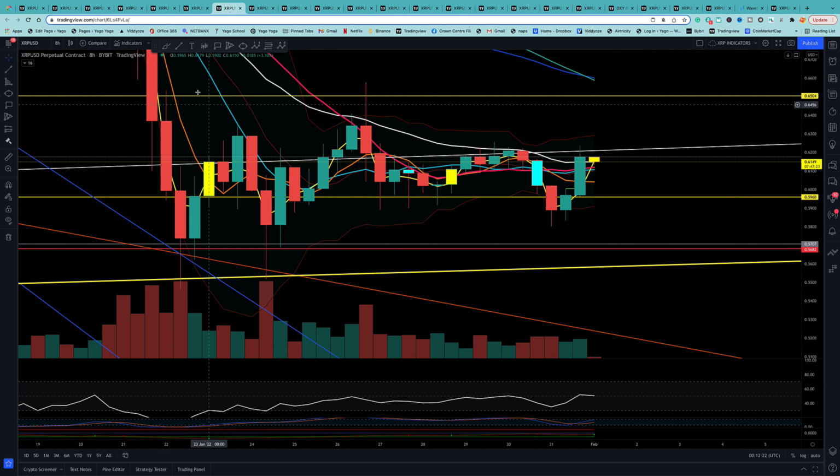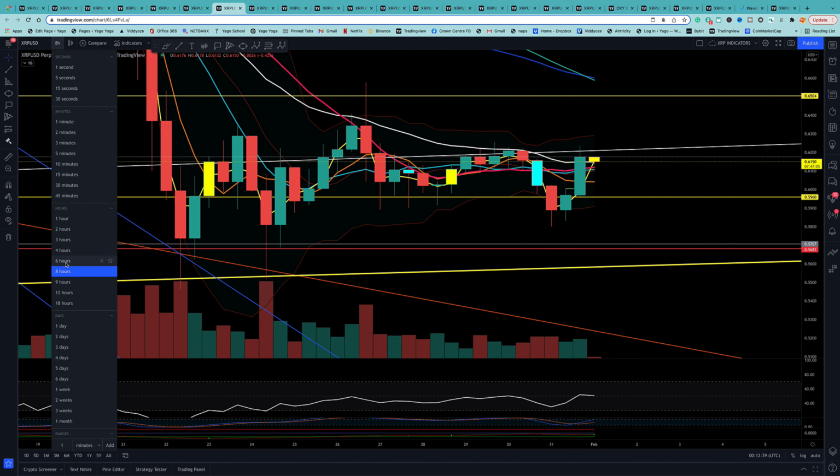The 8 hour is the same, and again it's coming down. Not that it's breaking down right now, but I thought this was it. Then we've got this here, and we're going to get a come down as well. So it pushes, and here we are on the downtrend again.